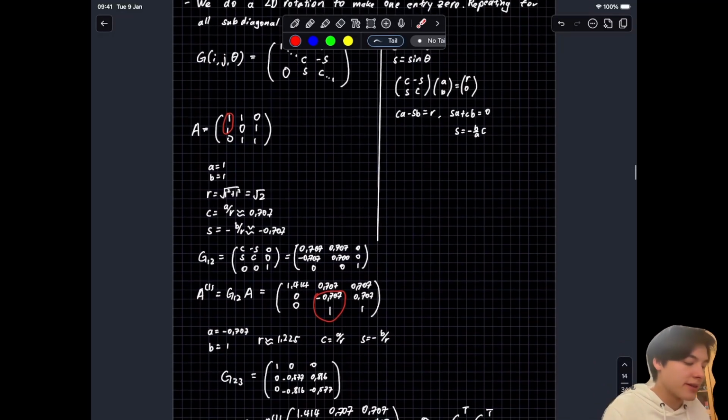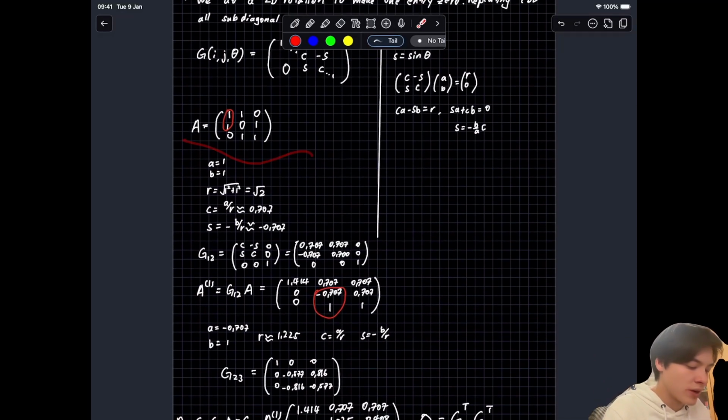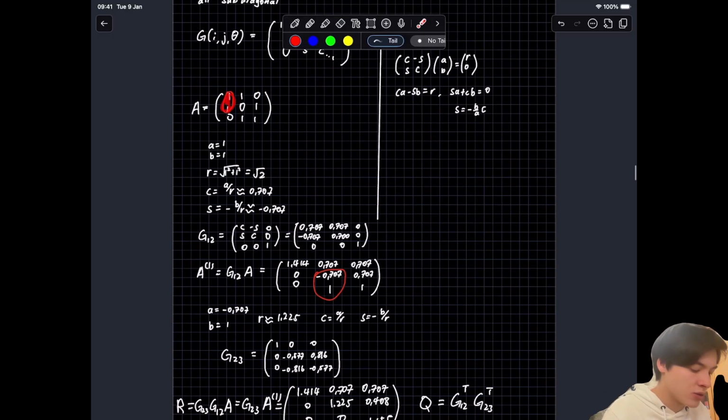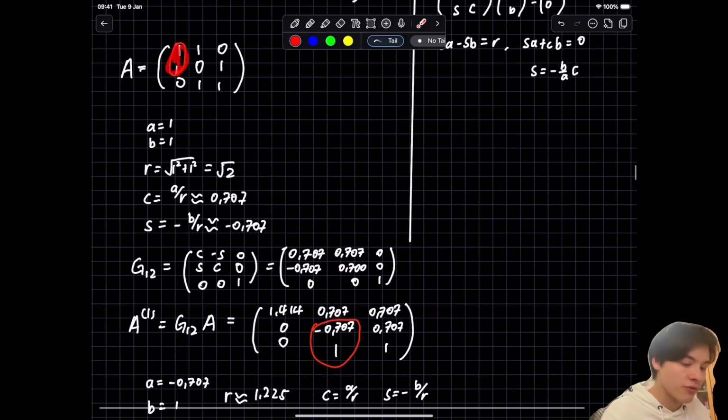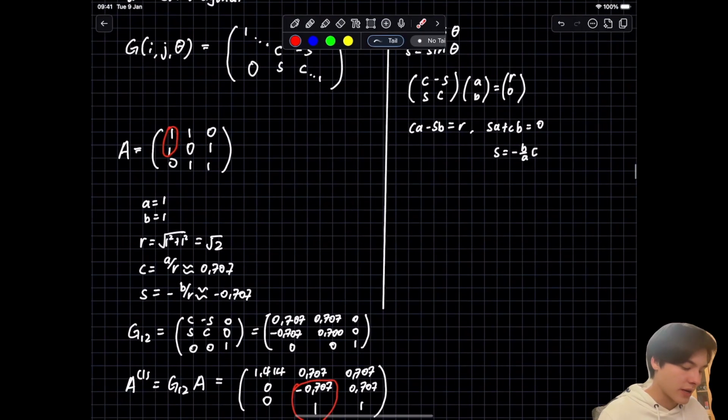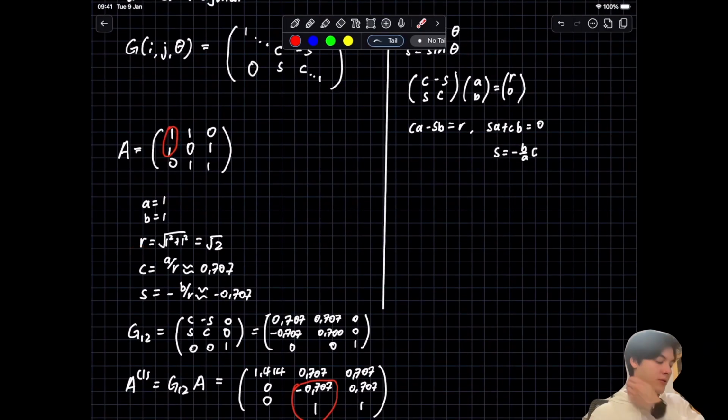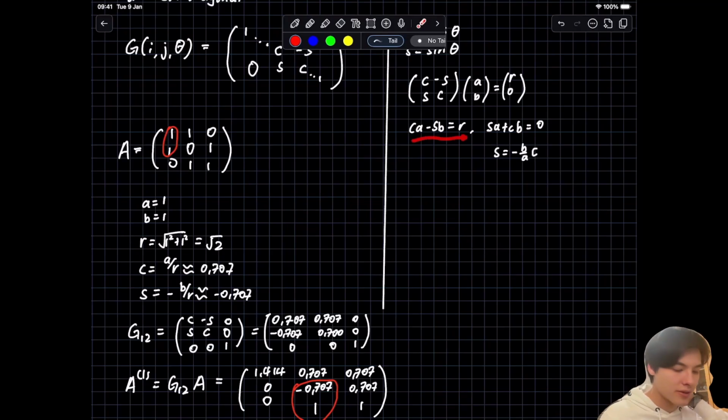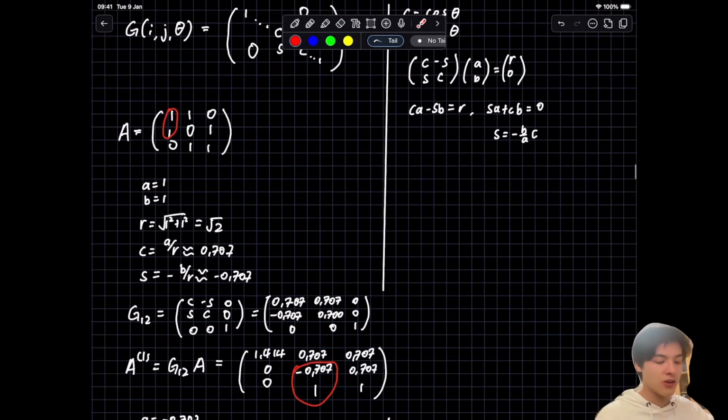So let's look at this matrix again, the same one. We want to turn this to 0, so we rotate these two. First we calculate R, which is again this right here. R is that, and then how much S and C would be, sine and cosine.